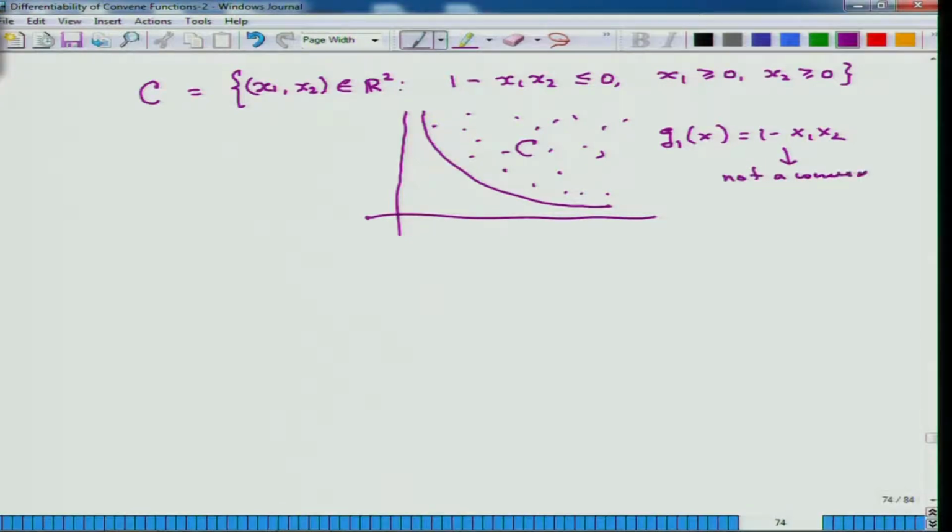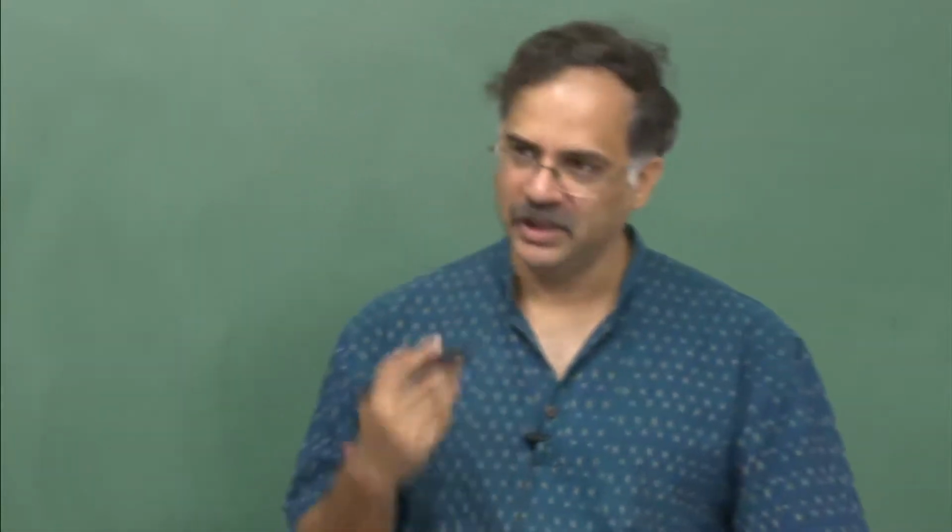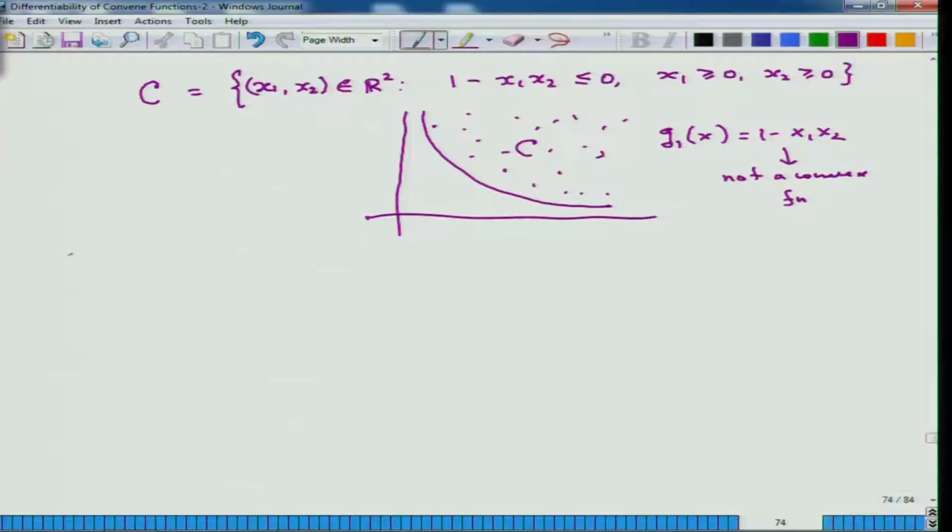There are other functions which are convex, such as minus x_1 less than or equal to 0, minus x_2 less than or equal to 0, but g_1(x) is not a convex function, yet the set C ultimately is convex. So, in the representation of the set C, I am forced to take a non-convex function, at least one of the functions is non-convex. So, it is really not a convex programming problem in the sense of terminology, but it is a convex optimization problem. So, what we do is the following, the question we ask is the following.